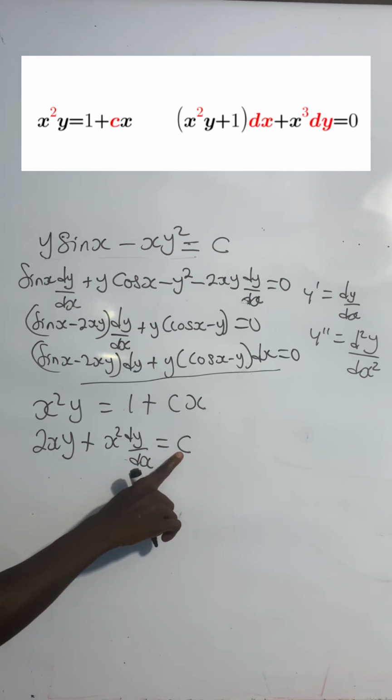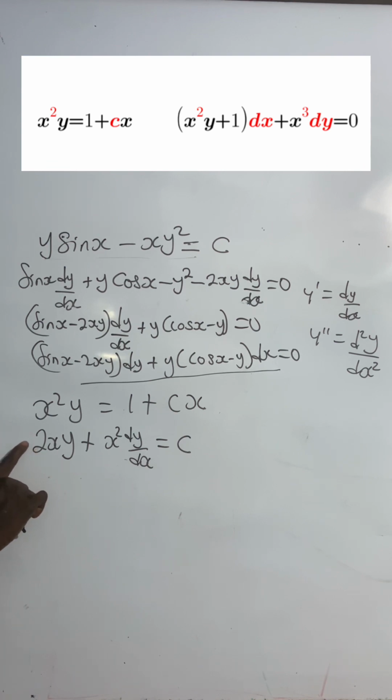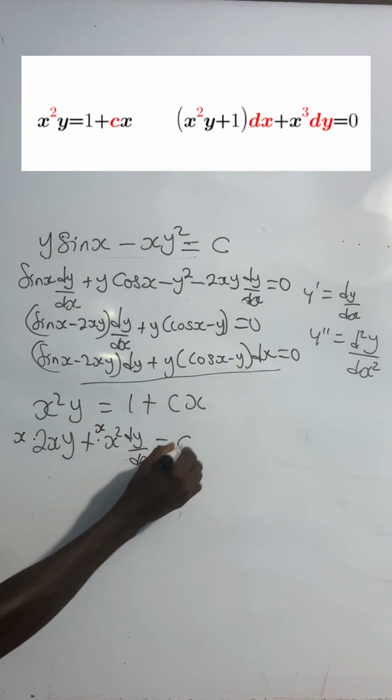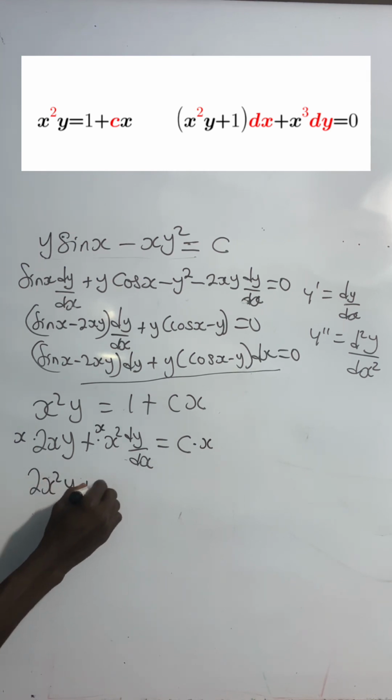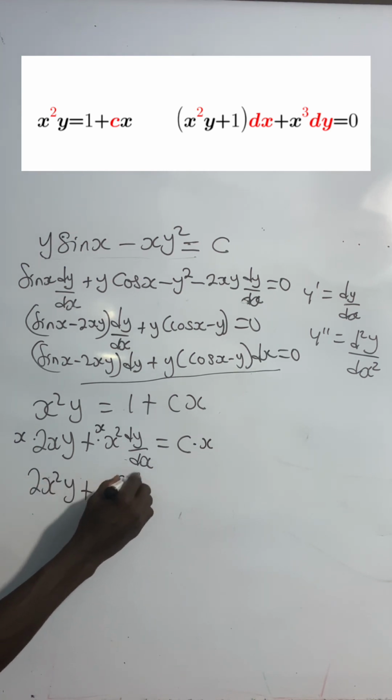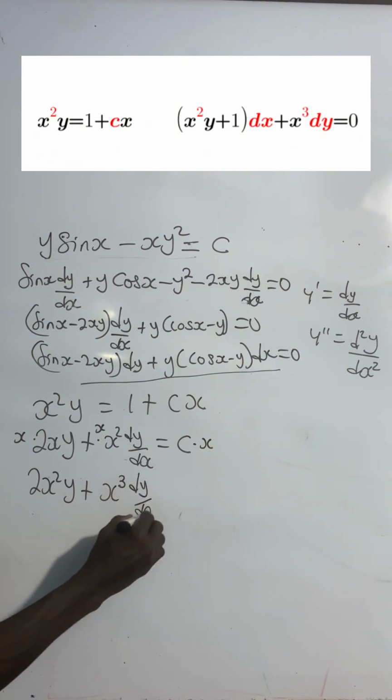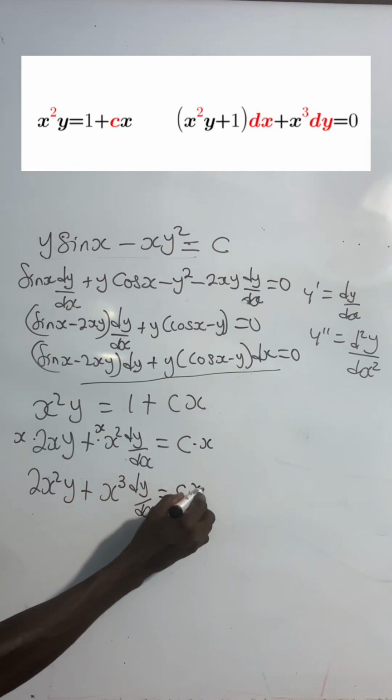Now, we have c here to substitute. So we make c the subject from the original equation, or we can multiply through by x to make this one become cx. And then we have 2x squared y plus x cubed dy/dx equals cx.